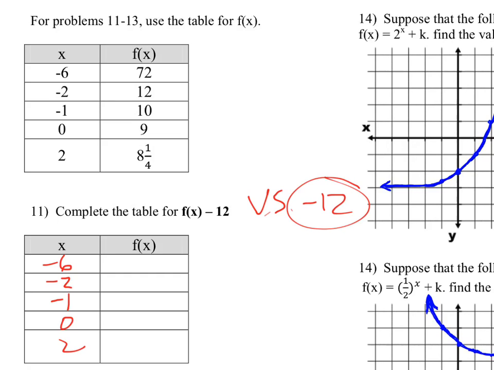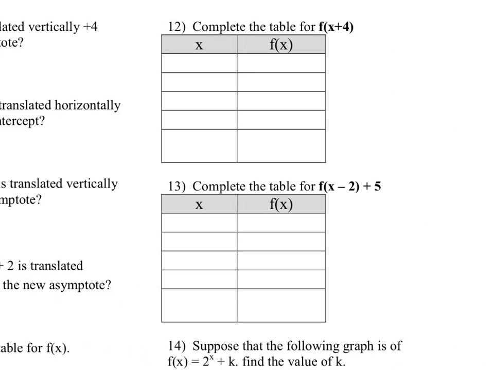And when you do a vertical shift, none of the x's change, just the y's. And we're going to take all these y values and subtract 12 from them. So it's going to give me 60, and 0, and -2, and -3, and then -3 and 3/4. If you don't believe me, you can check it in your calculator, just plug it right in, and you'll get -3 and 3/4, or -3.75.